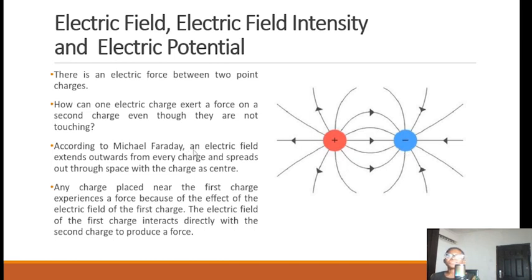According to Michael Faraday, an electric field extends outward from every charge and spreads out through space with the charge as center. So any charge placed near the first charge experiences a force because of the effect of the electric field of the first charge. The electric field of the first charge interacts directly with the second charge to produce a force.